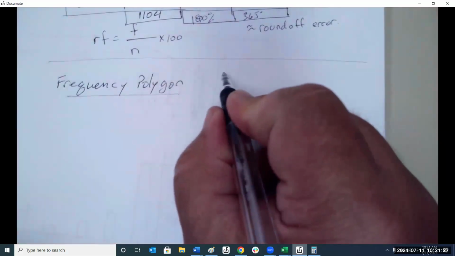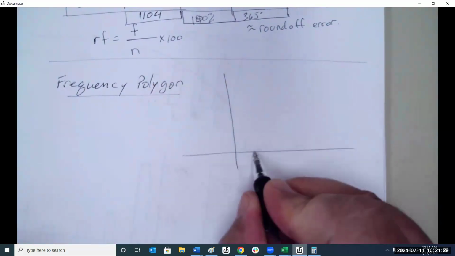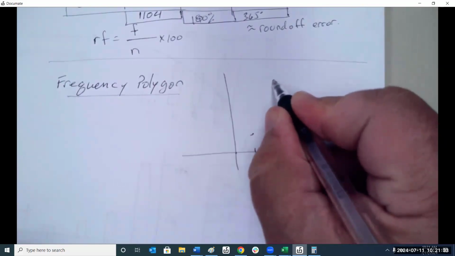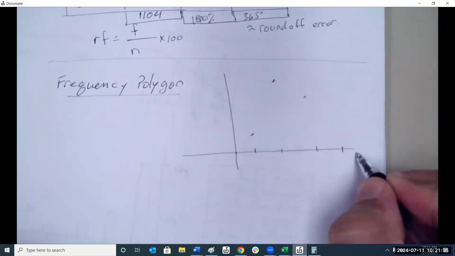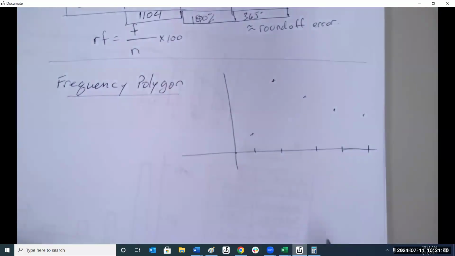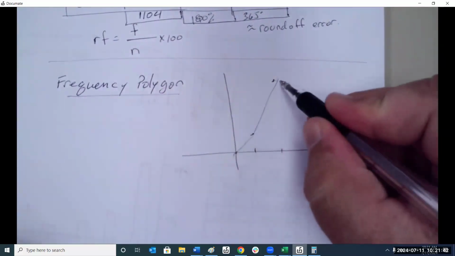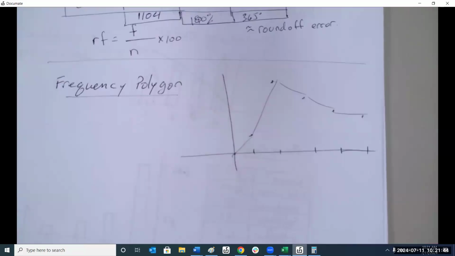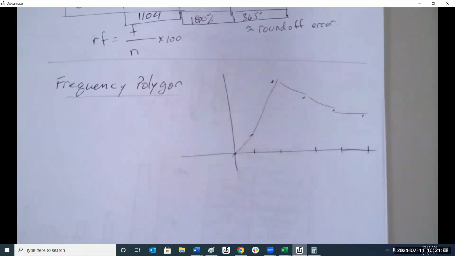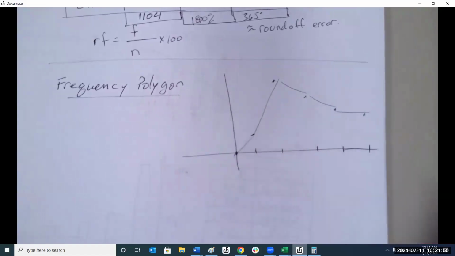The frequency polygon is the line chart, where you put dots everywhere. It always starts from the origin and goes from there, or whatever your zero value is.